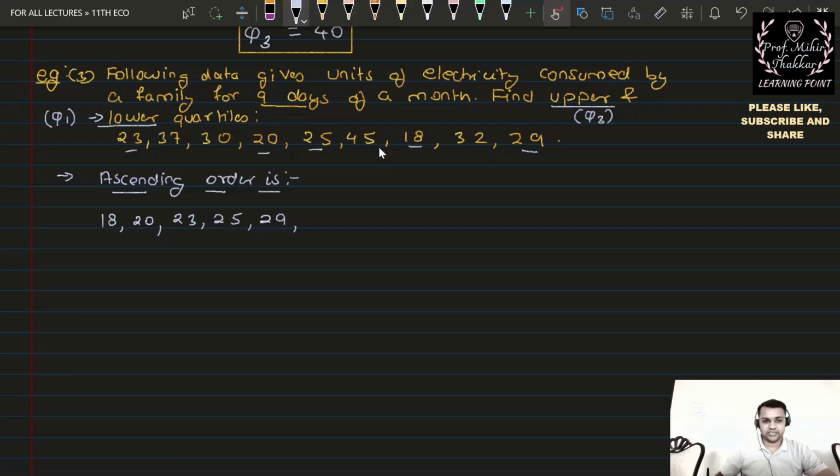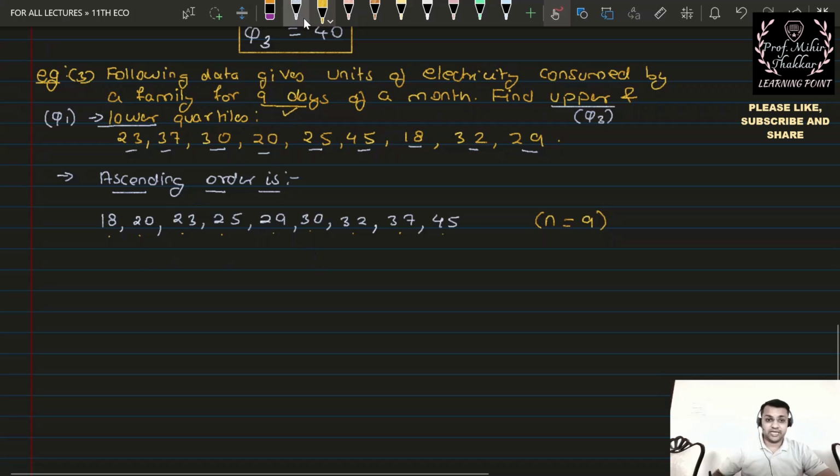After 29, the next number is 30, 32, and 37. After 37, the next number is directly 45. So let us count. 1, 2, 3, 4, 5, 6, 7, 8, and 9. So I am getting that n is equal to 9 as mentioned in the question.